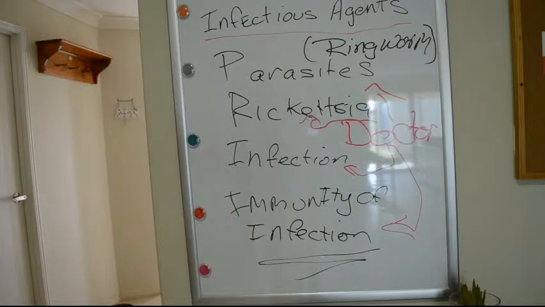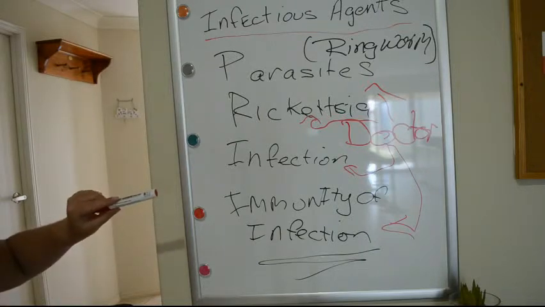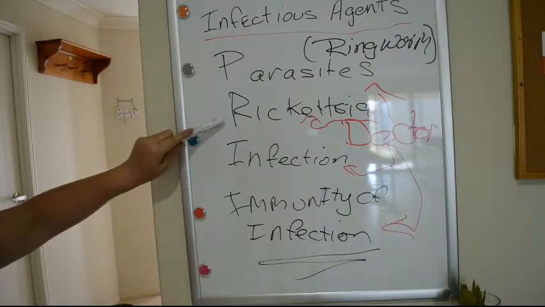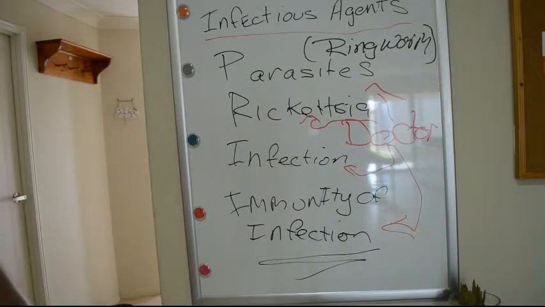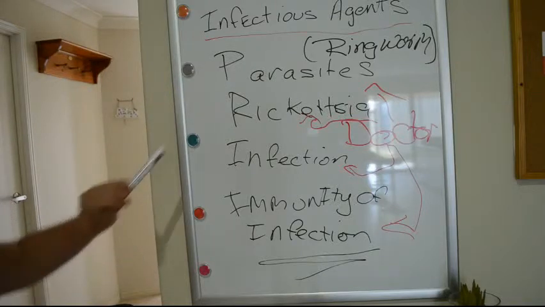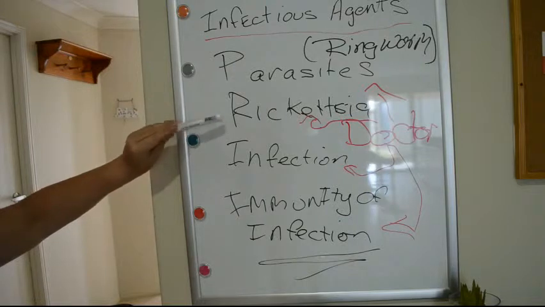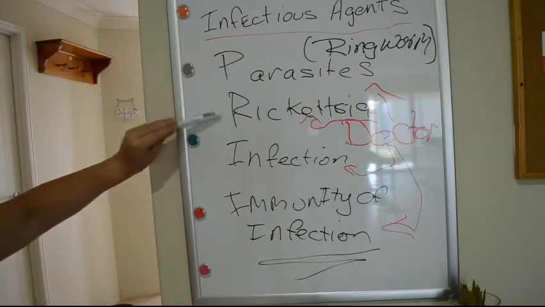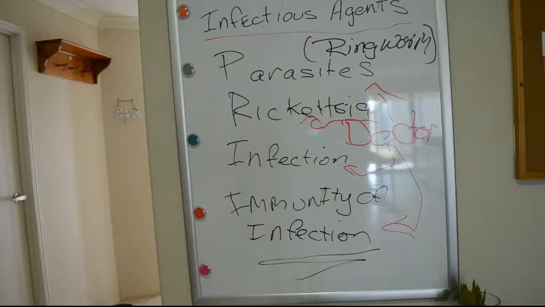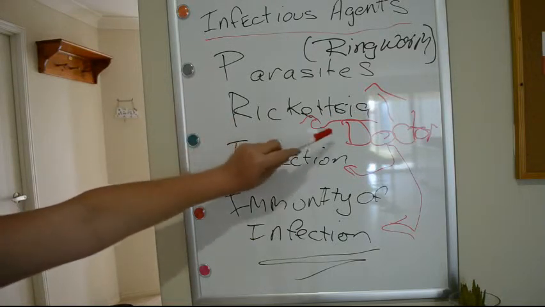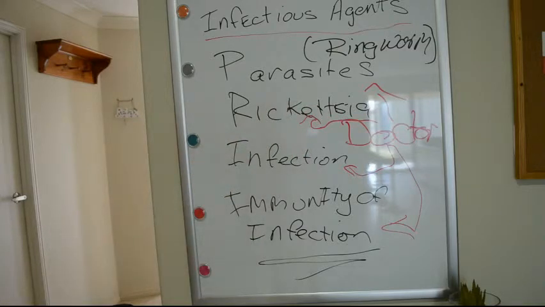Rickettsias are small organisms that are smaller than bacteria but larger than viruses. They cause typhus, Rocky Mountain spotted fever. Fleas, ticks, and lice carry rickettsias. Okay? Again, we need to refer to doctors.